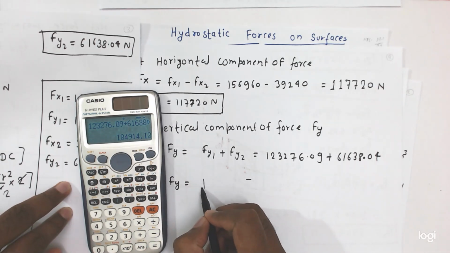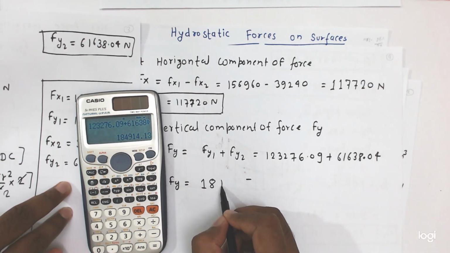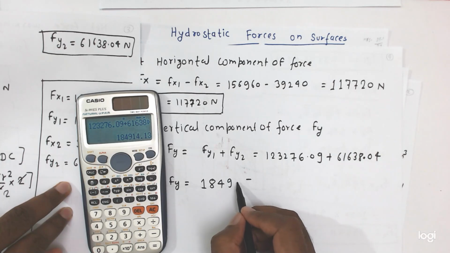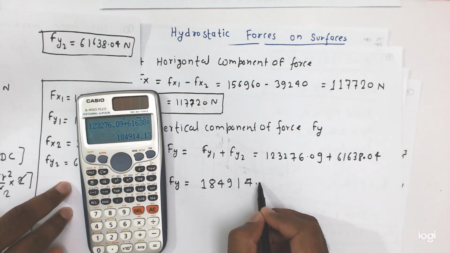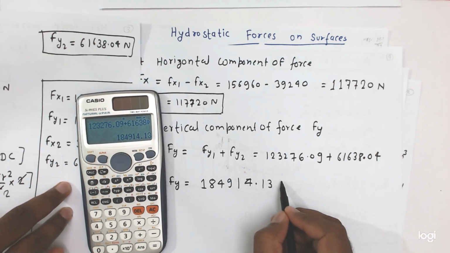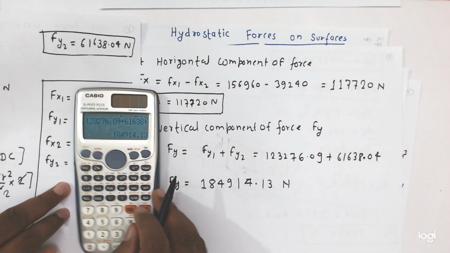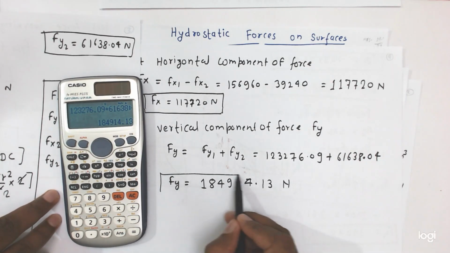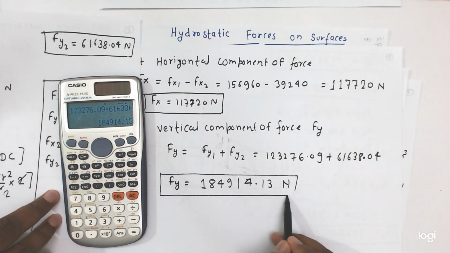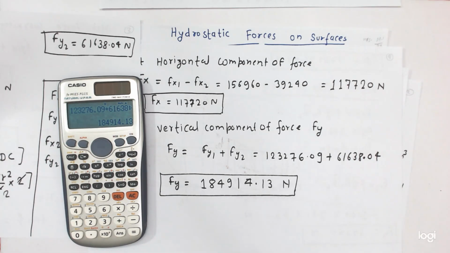So it will come 184914.13 Newton. So this is the vertical component of force. Okay friends, this is the vertical component of force.